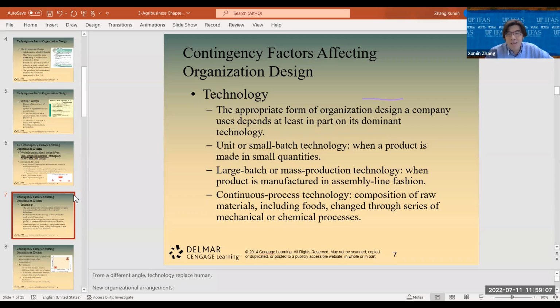It's pretty much an assembly line, large batch mass production, and they care less about the employee. They are more focused on the production process. Although they use high tech, they are less concerned about the employee.